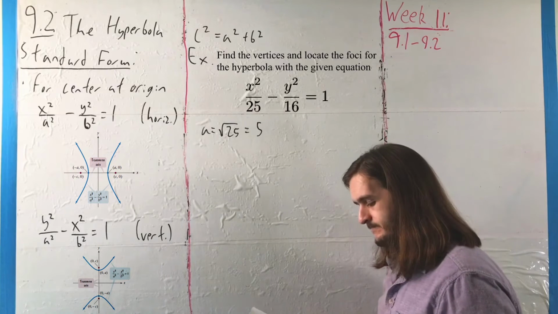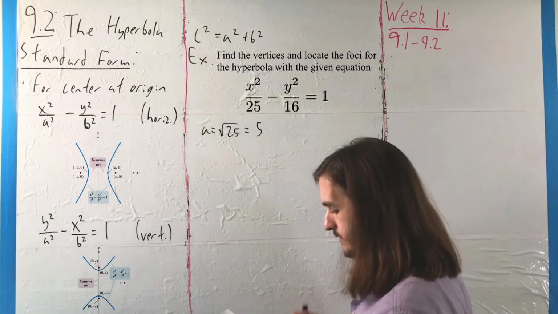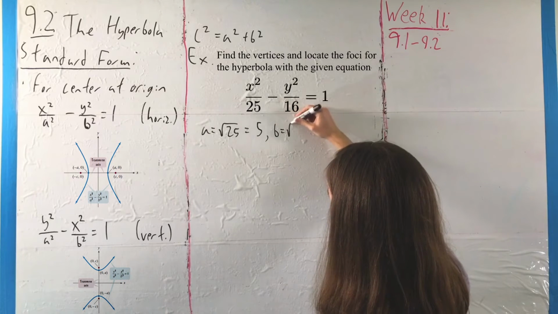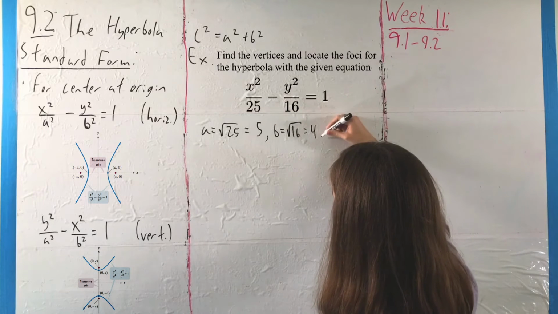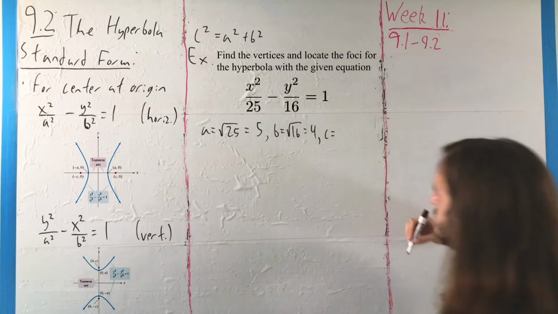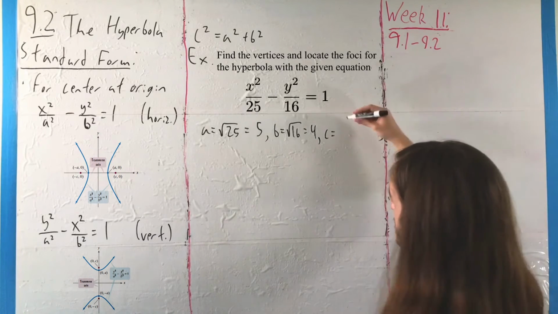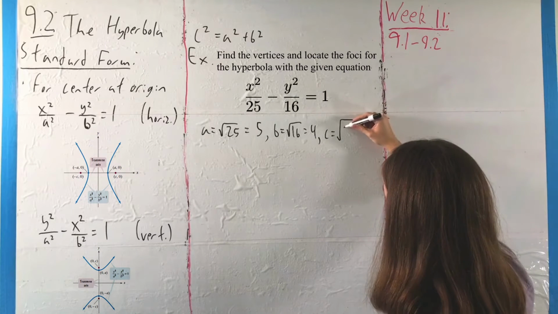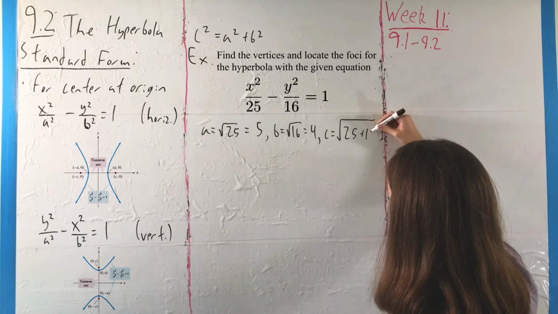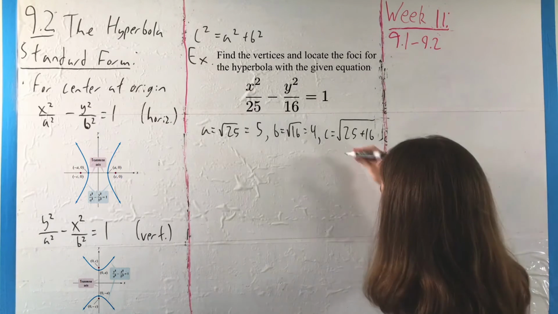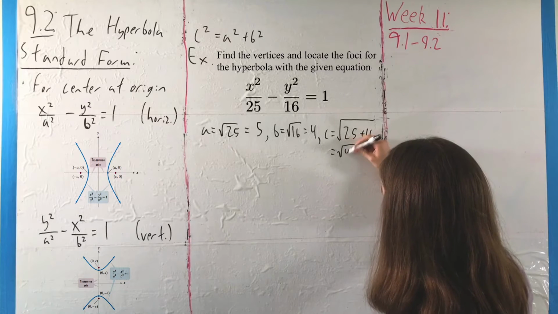Similarly, we have the not quite as meaningful value of b, where b is equal to the square root of 16, or 4. And then if we want to get c, c is going to be equal to the square root of a squared plus b squared, so 25 plus 16, or the not so nice value of root 41.